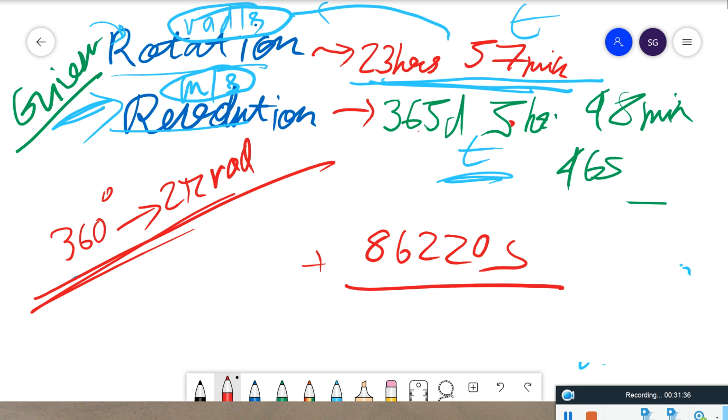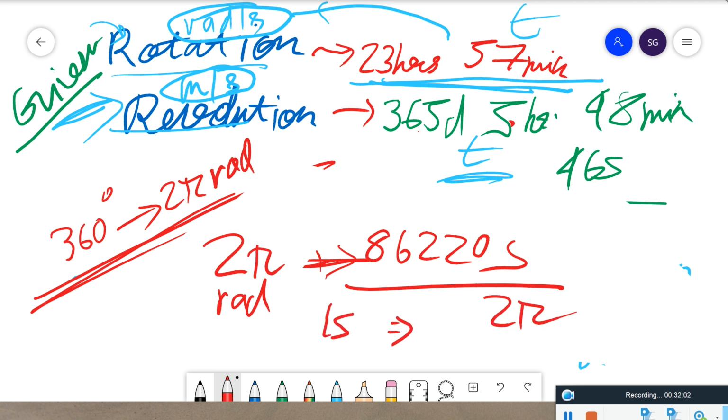So 360 degree means 2 pi radian, so I can write 2 pi radian in 86,220 seconds. So in 1 second it would be 2 pi upon 86,220 radian per second, and your work is done.